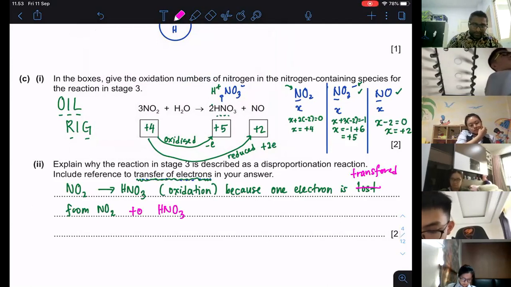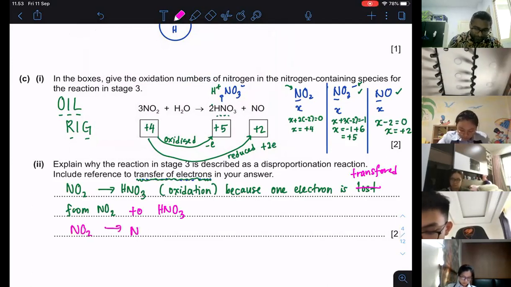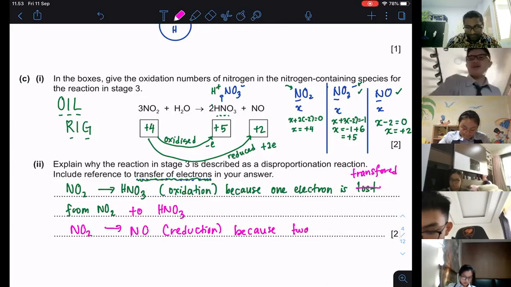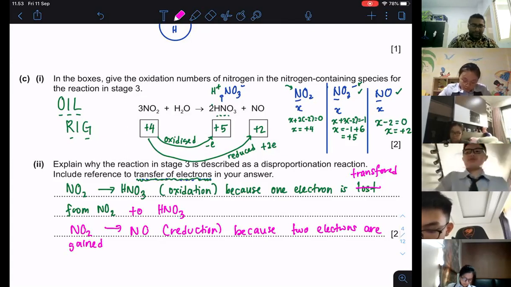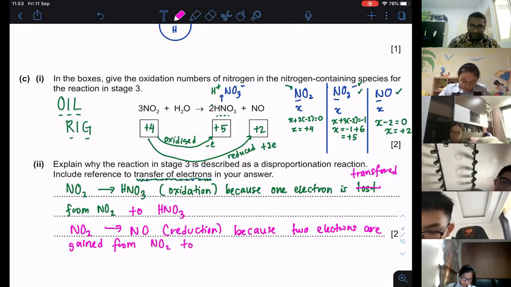Done. The second one is you need to mention NO2 changing into NO. We call it reduction because two electrons are gained from NO2 to NO. Please write down all this.